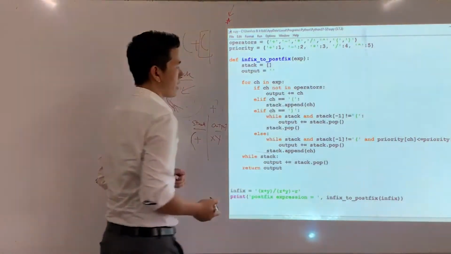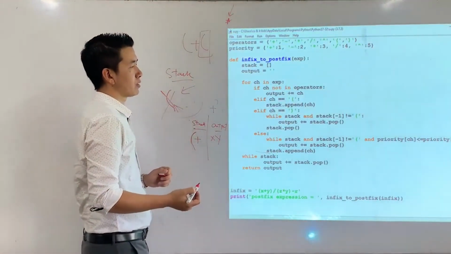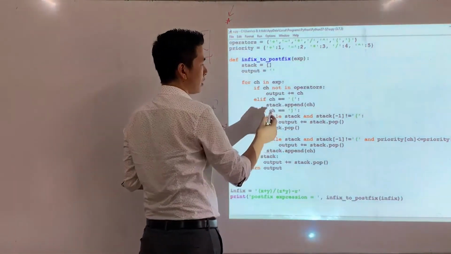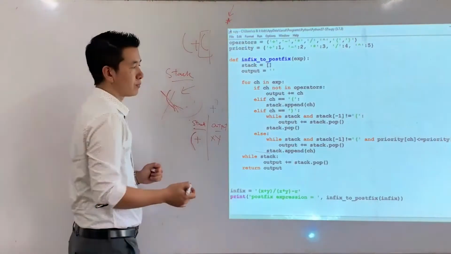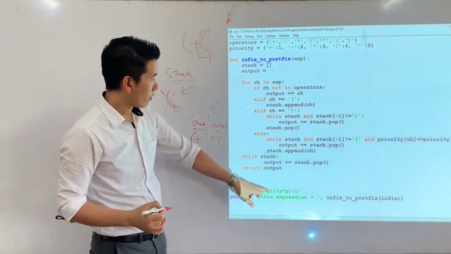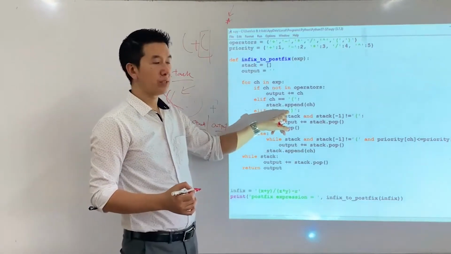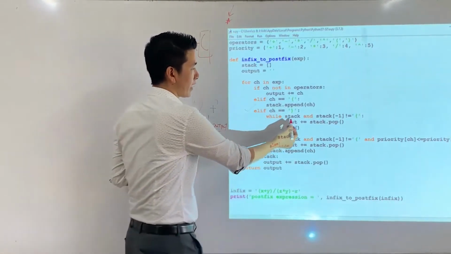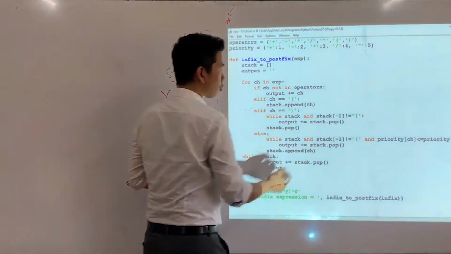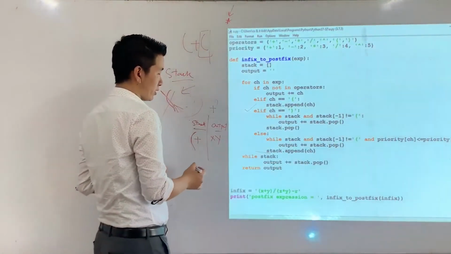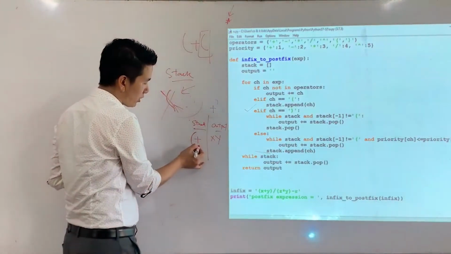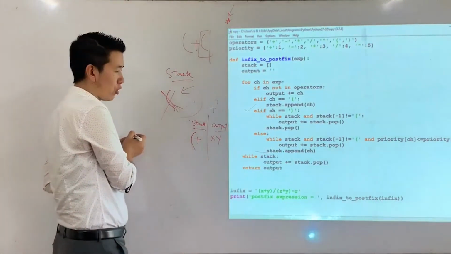The first condition, not in operators, is false. It is an operator, so it's false. What about this? This is false. Now this time this condition will be true. The right parenthesis is equal to this. And then check, the stack should not be empty. And then stack of -1 is not equal to the left parenthesis. Stack of -1 means this. -1, -2, -3, it goes on and on, right?